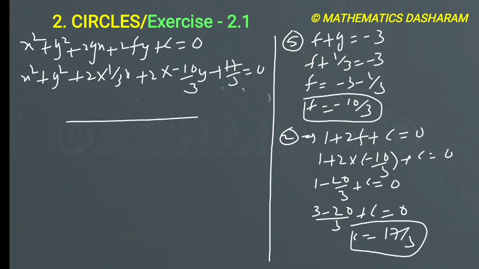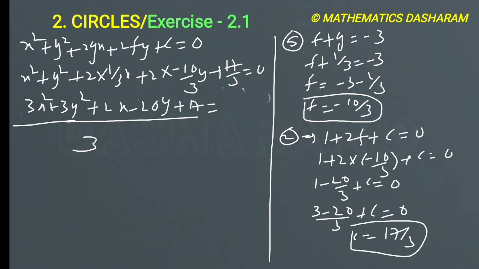So 3x square plus 3y square plus 2x minus 20y plus 17 equals to 0, and this 3 is transposed to RHS side. So then finally, this is our required equation.